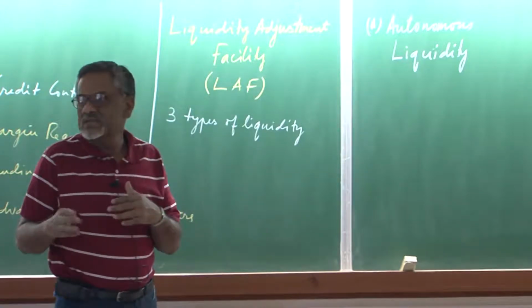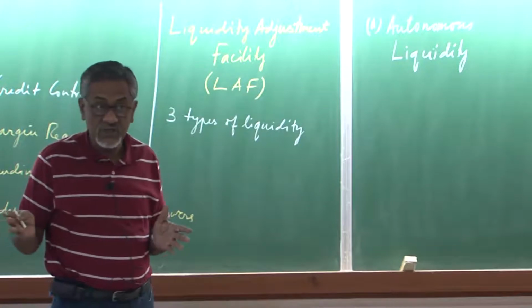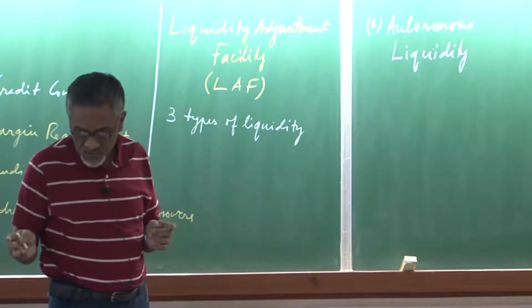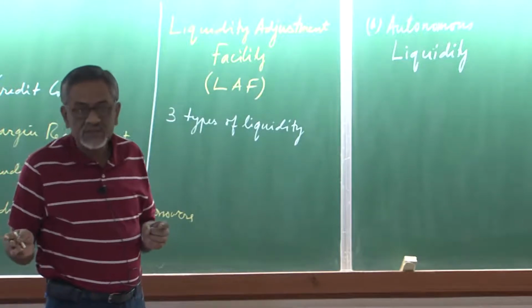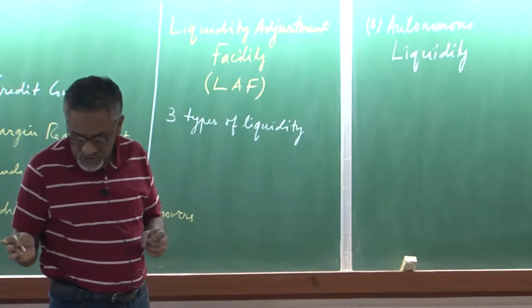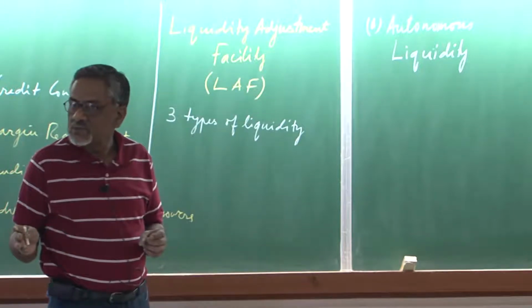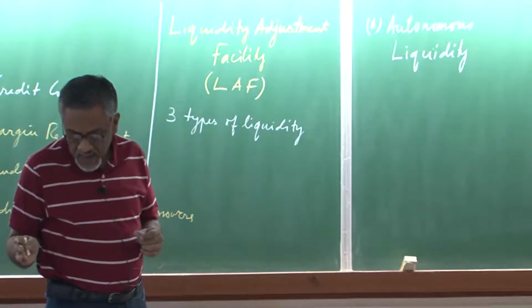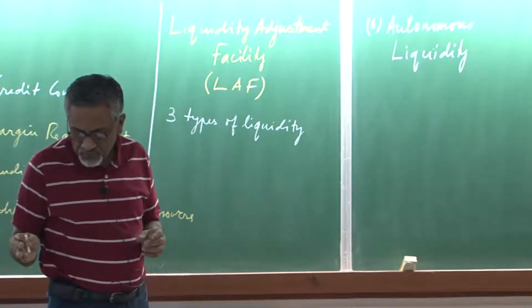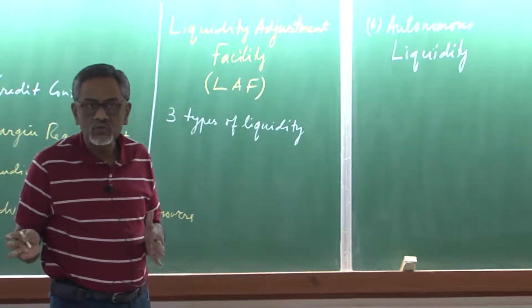To give ways and means advances to government when they need, both state governments and central government. Then they subscribe to the treasury bills and government securities. Earlier they also had ad hoc treasury bills. And then they also have the currency that they issue from time to time.